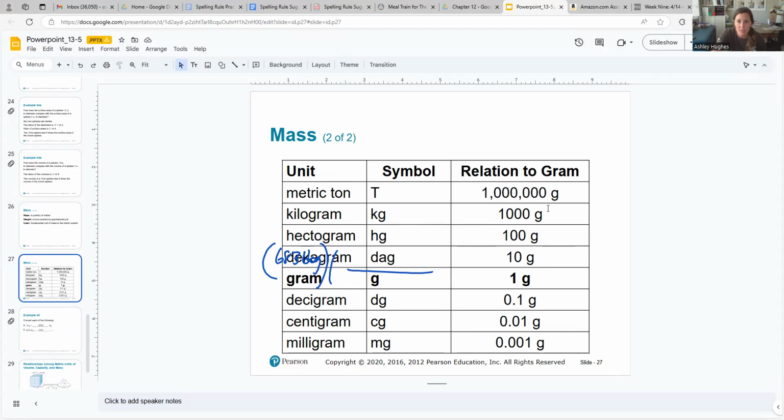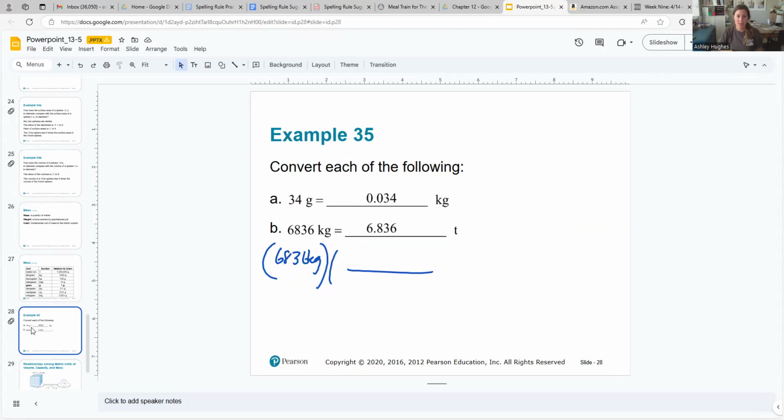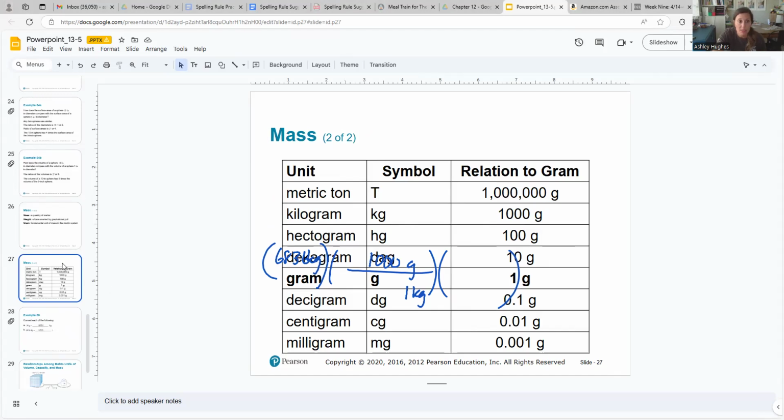So kilogram and gram: in 1 kilogram, there are 1,000 grams. And then I convert that to tons.